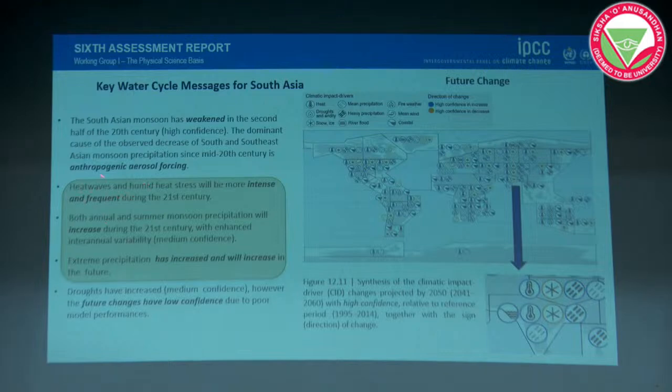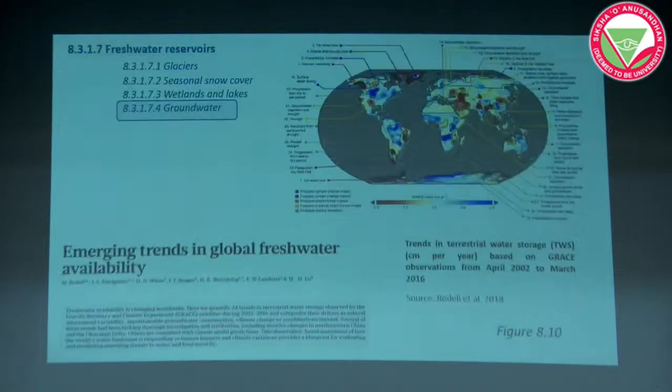Temperature will increase, there will be more evaporation, and humid heat stress will become more intense over India. During the pre-monsoon months, heat stress will be an issue. Both the mean monsoon precipitation and the heavy precipitation will increase in the 21st century, with enhanced intra-annual variability. So there will be more variability also.